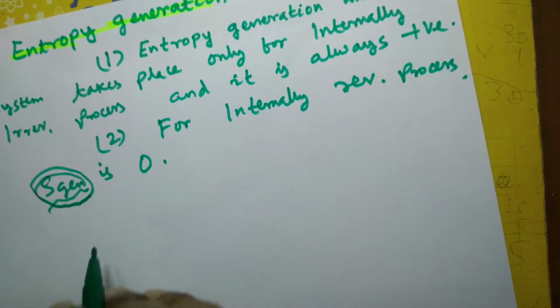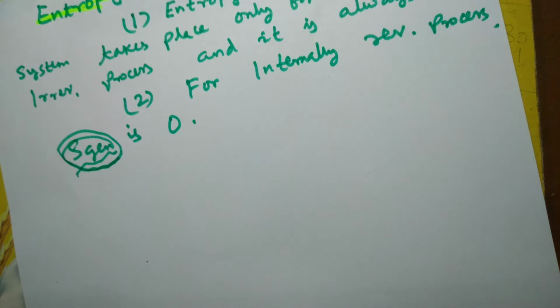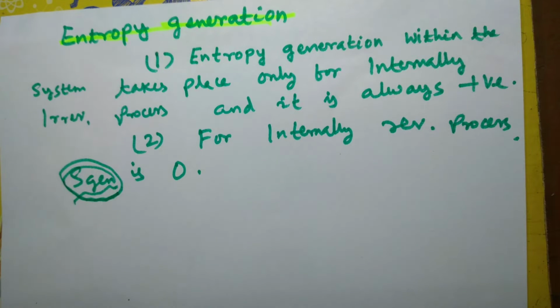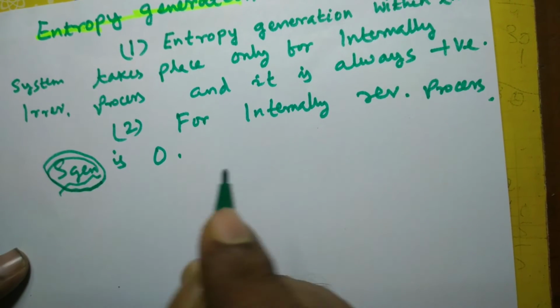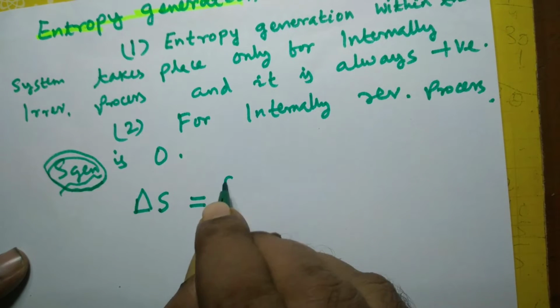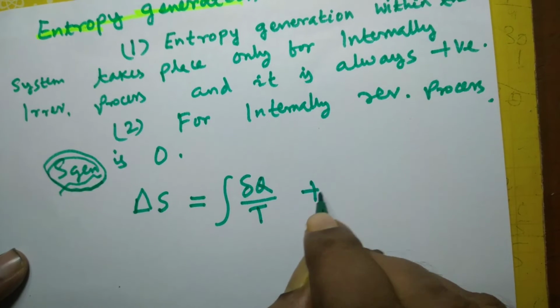So now we are going to discuss the principle of increase of entropy. Before that, we must know the relation we have obtained: delta S is equal to integral of del q by T plus S gen.